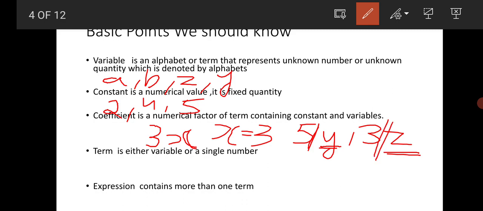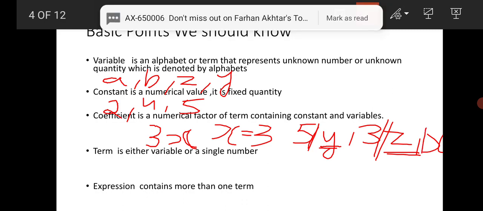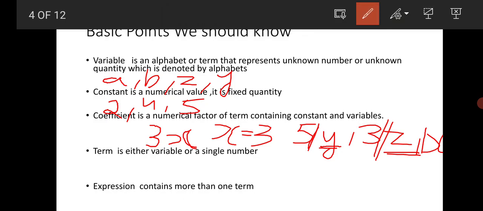And where there is no number, only a variable, like x here, we should put 1. Okay friends, the coefficient of x is 1. You understood friends? Okay, we will move to the next point.